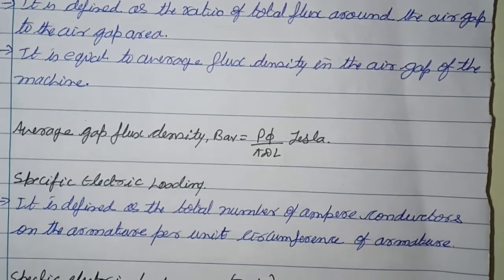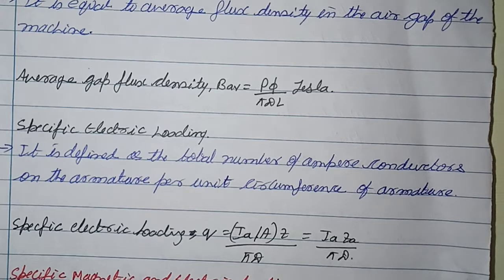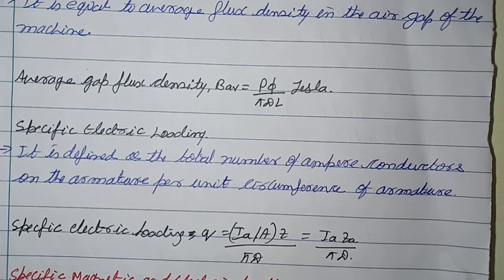So next we will see specific electric loading. It is defined as the total number of ampere conductors on the armature per unit circumference of the armature. So what does it mean?